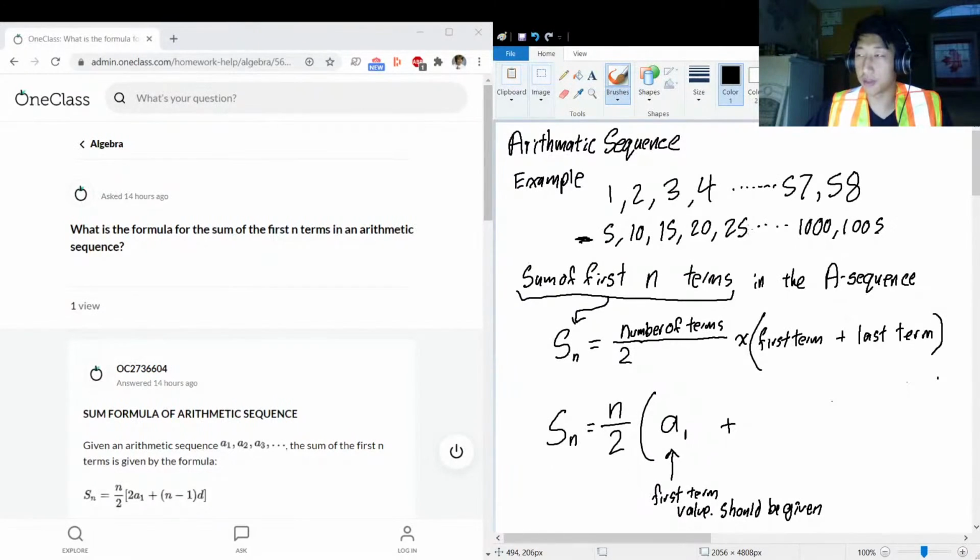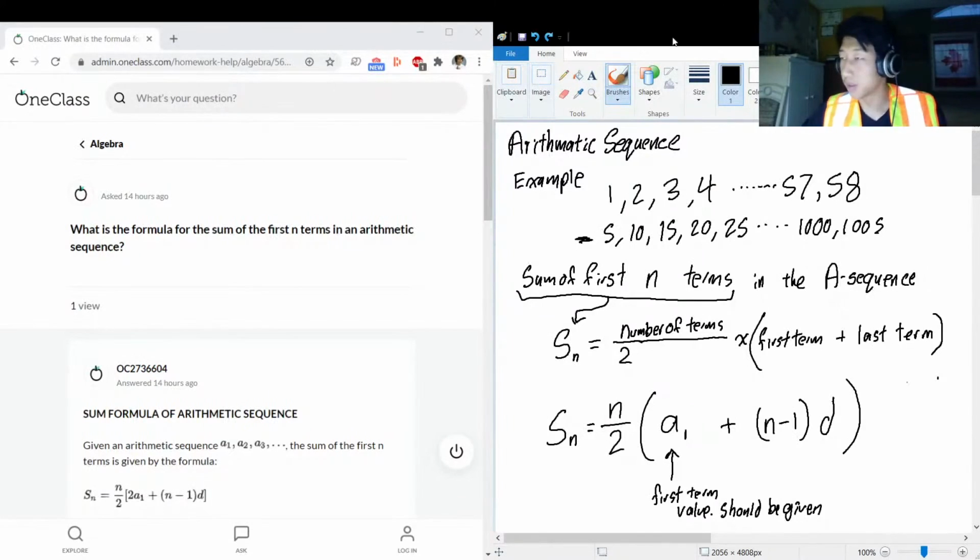Okay, so to calculate our last term, it will be the first term plus n minus 1 multiplied by d, n being the number of terms that we're taking an analysis of. It should be like 2 times the first term.